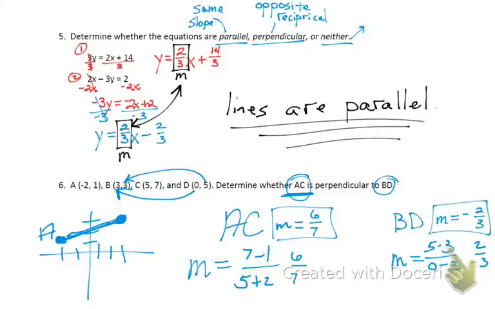And the question's asking, is line segment AC perpendicular to BD? And remember, perpendicular means that the lines have opposite reciprocal slopes.